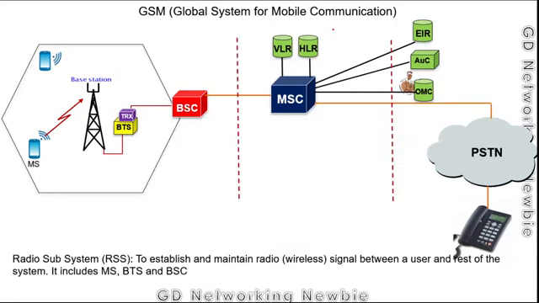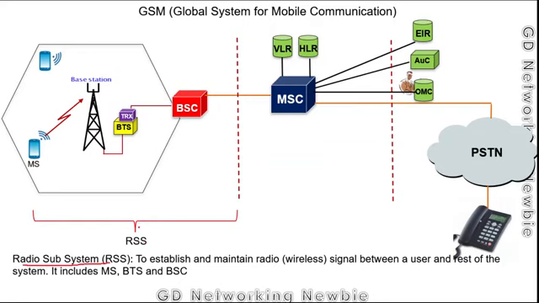And generally all these entities have been divided into multiple sections. The first section, from the mobile station to this base station controller, is known as the radio subsystem, RSS.